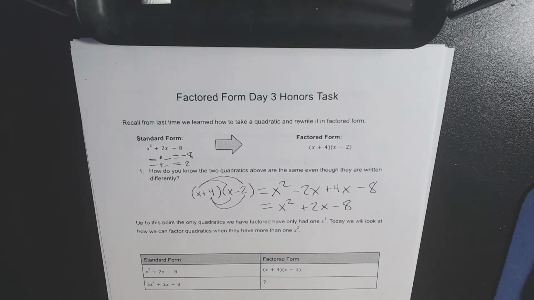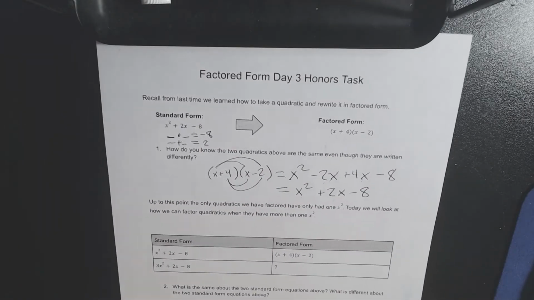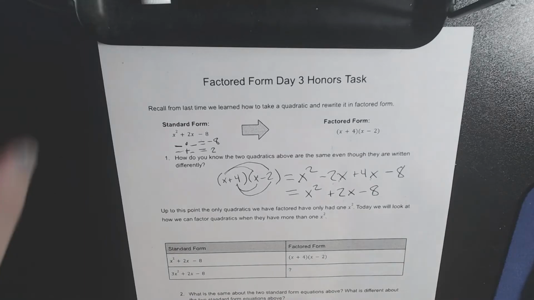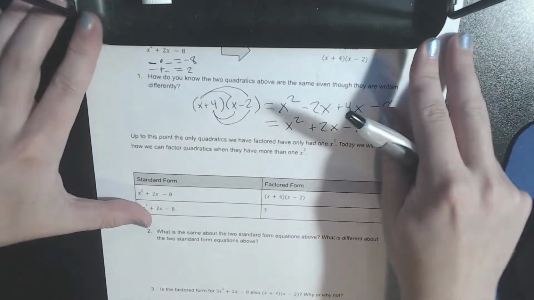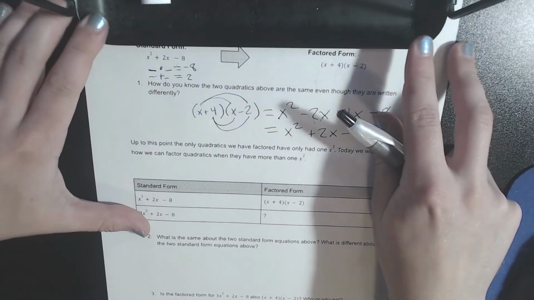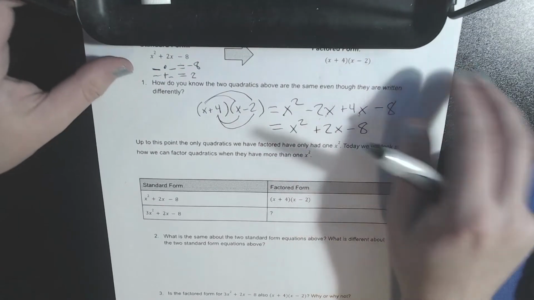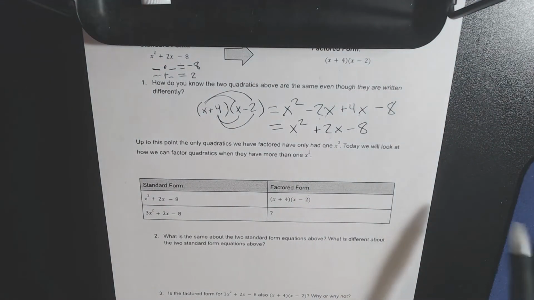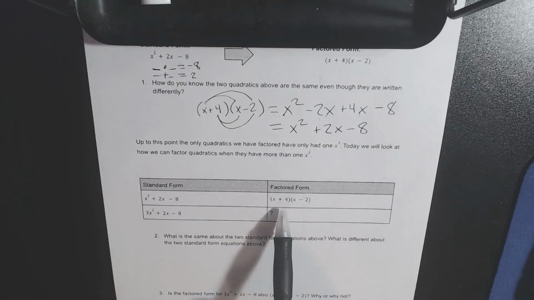Okay, so I'm just going to move this a little bit so that we can see a little bit further down. So we have our standard form for this one we just talked about, x squared plus 2x minus 8, and the factored form was x plus 4 and x minus 2, okay?